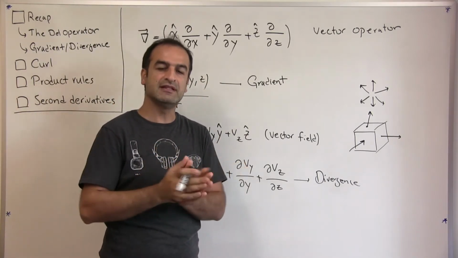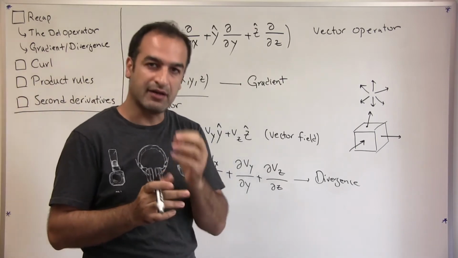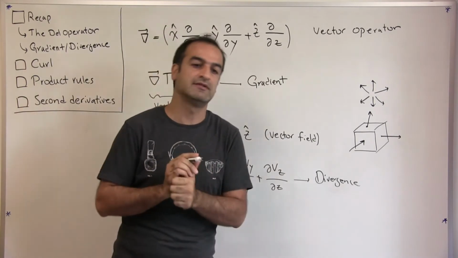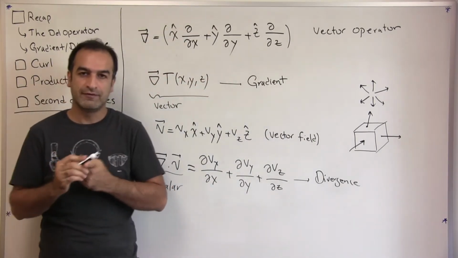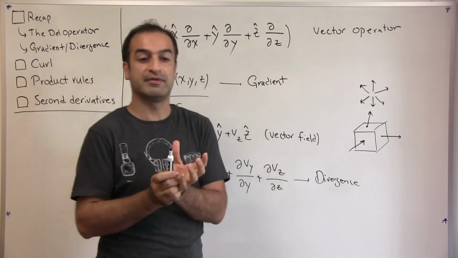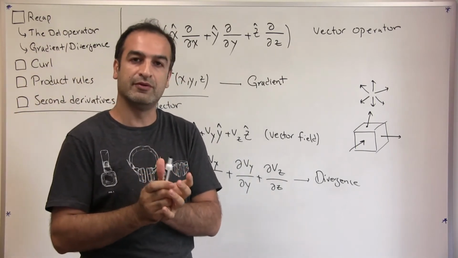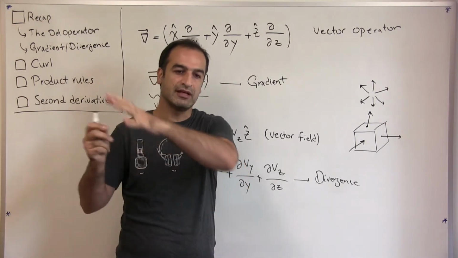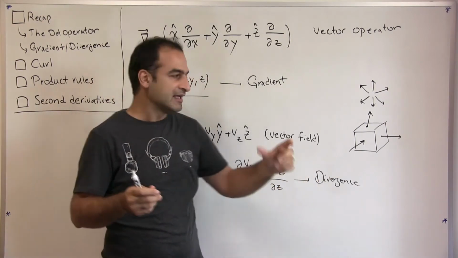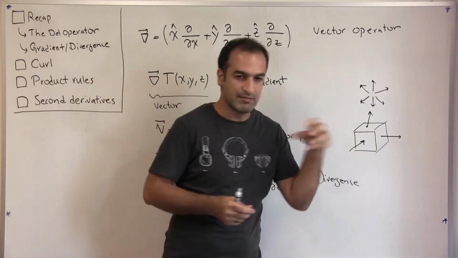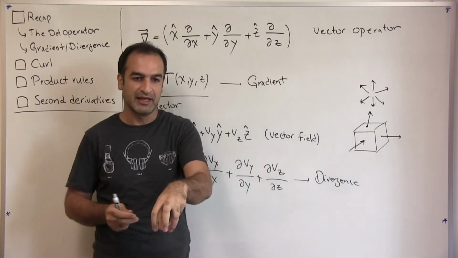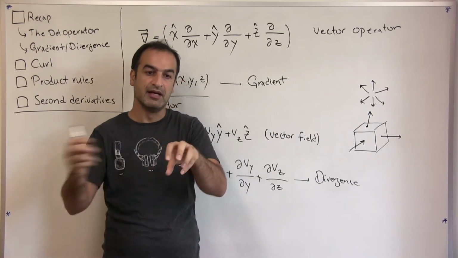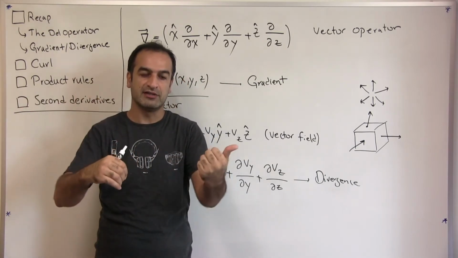Okay, in physics, we have certain fields that actually are known to have 0 divergence. Magnetic field is one of them. Flow of an incompressible fluid is always non-divergent. That means if you look at the water flowing in the river, if you imagine one single small cube inside the river, and look at how much water is coming in inside that hypothetical cube, how much water is going out.